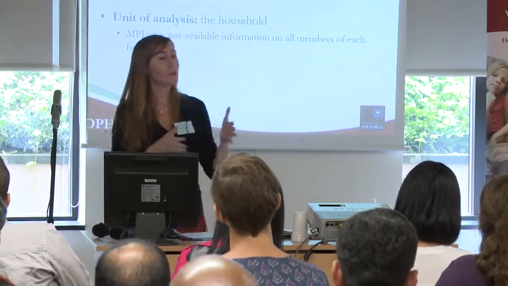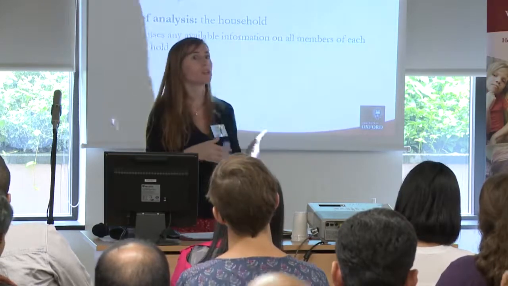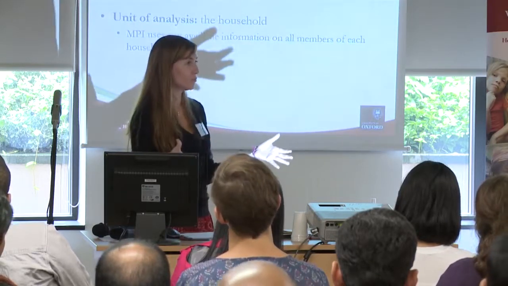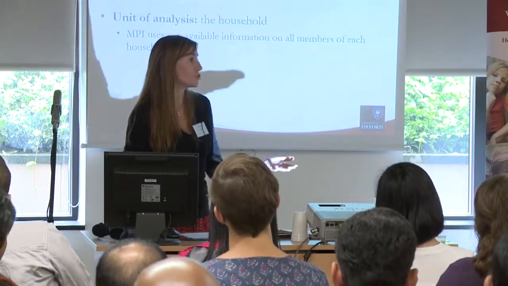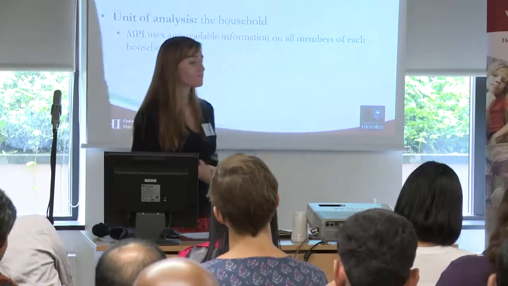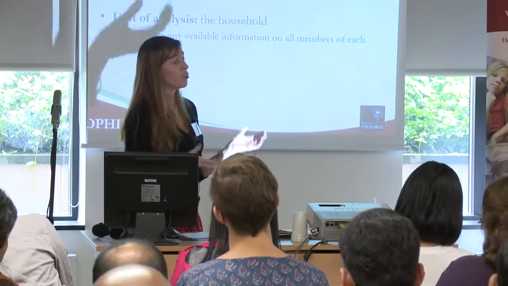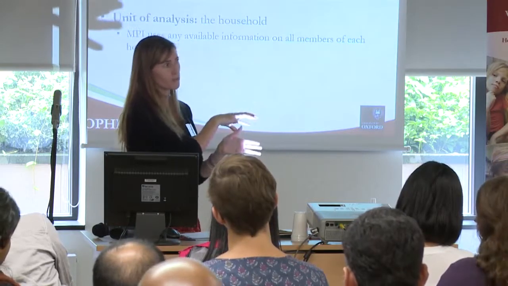Now, that's a different case from when you have no information at all. Because imagine that for a household, you don't have nutritional information, but somebody could be deprived. Somebody could be undernourished, a child or a woman or a man in that household. In that case, we don't consider that household for the final computations.